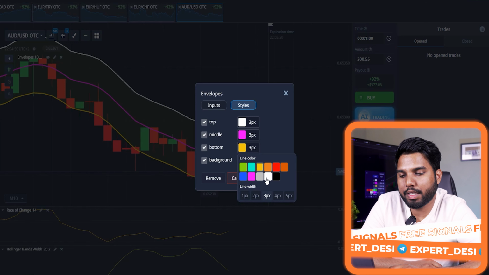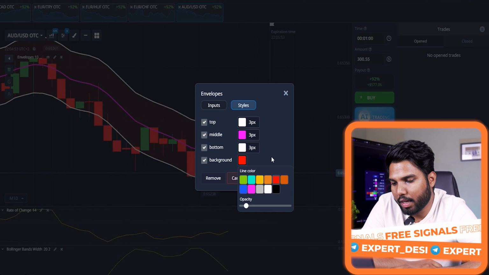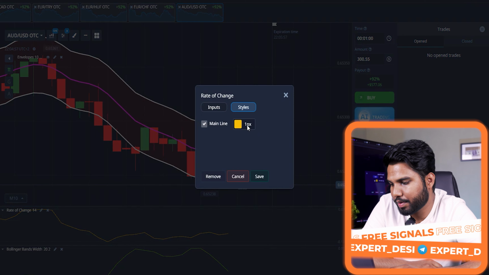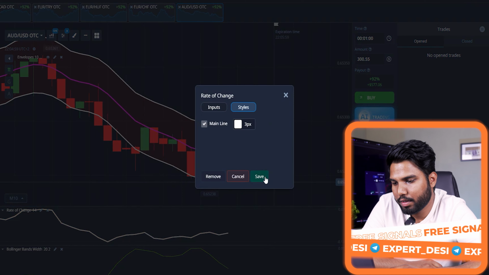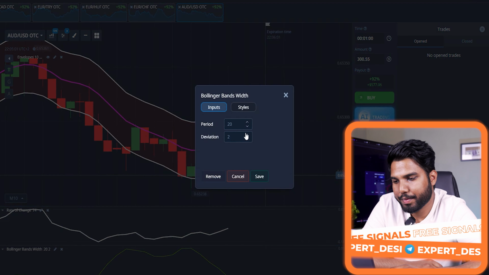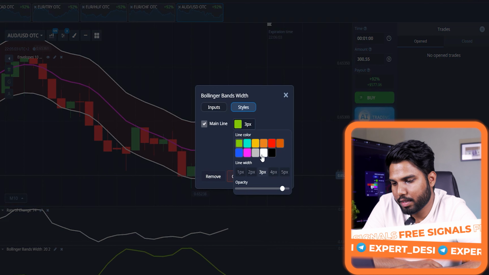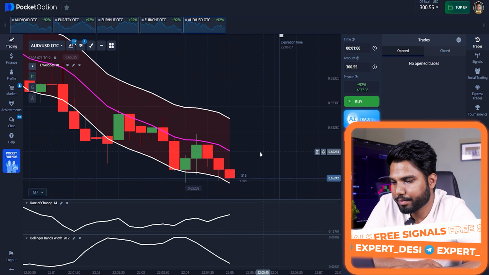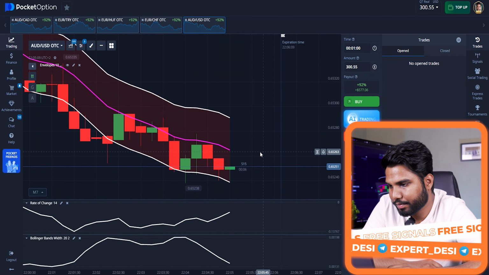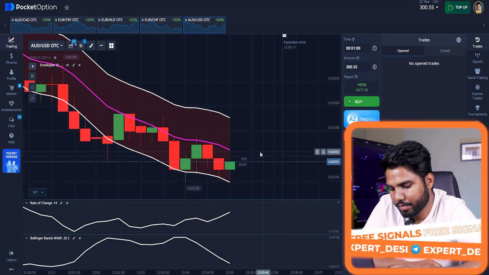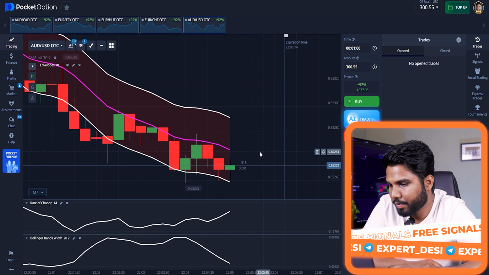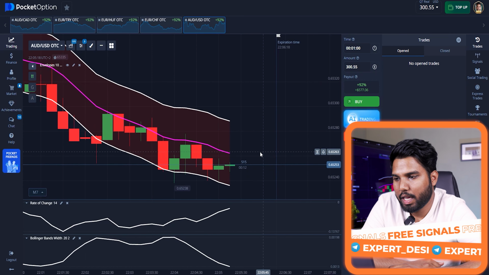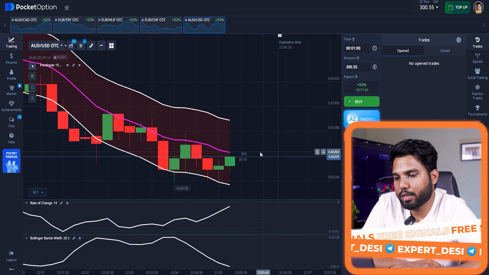I will change some of the settings here, and you can take the default settings or choose the ones which I am using. All of them work fine. Yes, 3 pixels here. Okay, so we are all set up for our trading session, and let's head to our first trade.